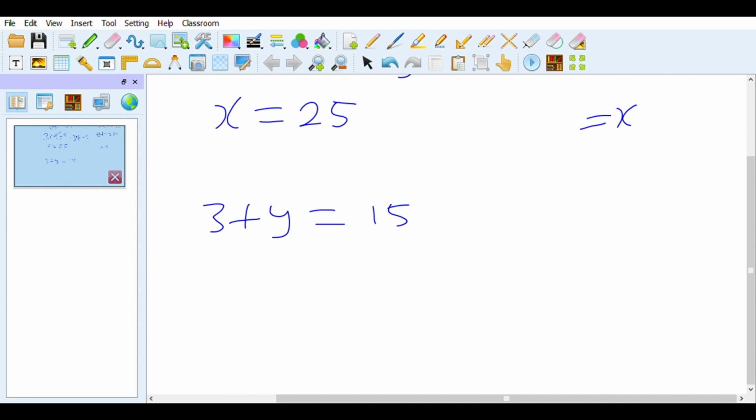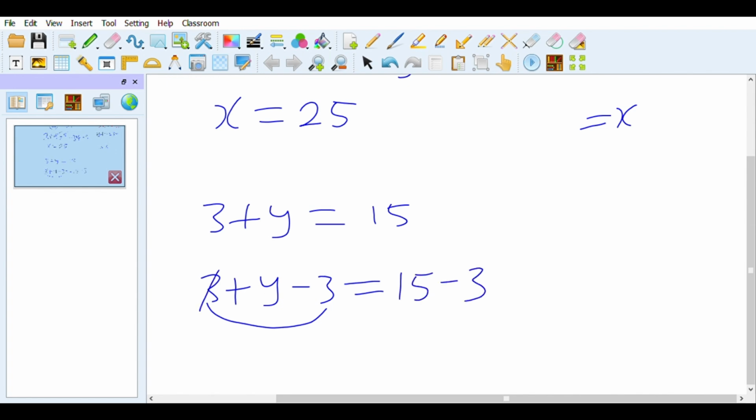So what do we do? The only thing that is with y here is 3. So we are going to subtract 3 from both sides. So what's on the left hand side is 3 plus y. We say minus 3. Why are we doing minus 3? Because we want to subtract 3. So because we subtracted 3 from the left hand side, we're also going to do that to the right hand side.